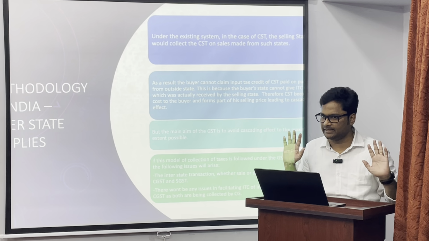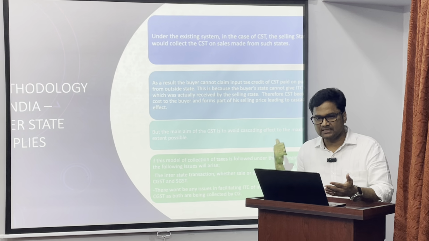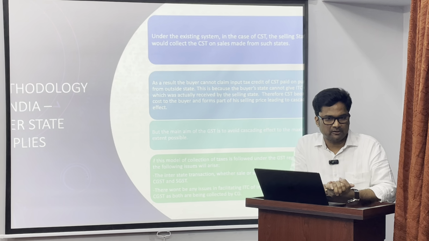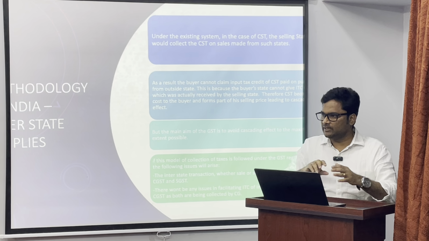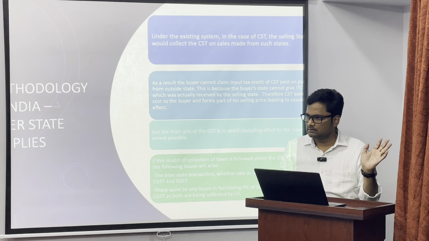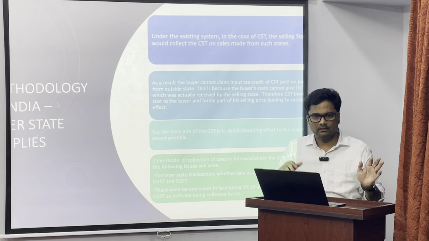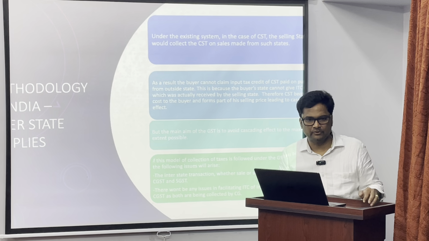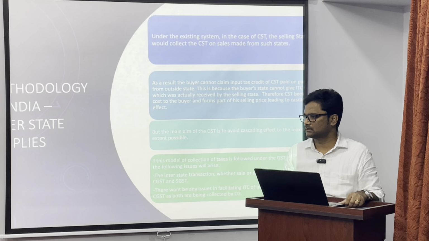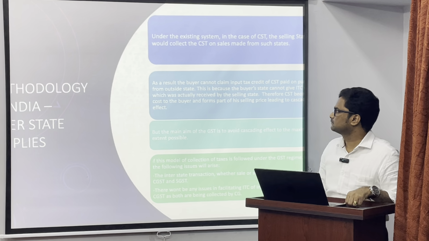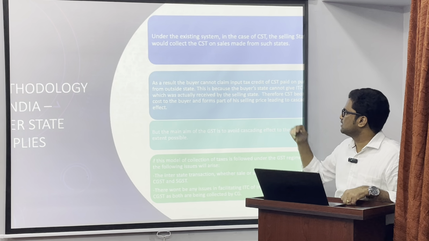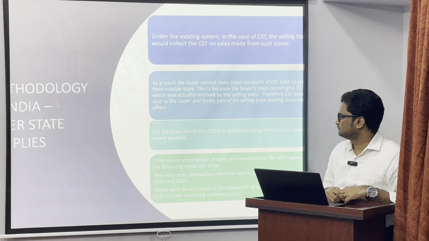But if this is the way interstate operates under the GST law, the input tax will go to one state and the buyer state will not be in a position to give input tax credit. Correct? So as a result, the buyer cannot claim input tax credit.